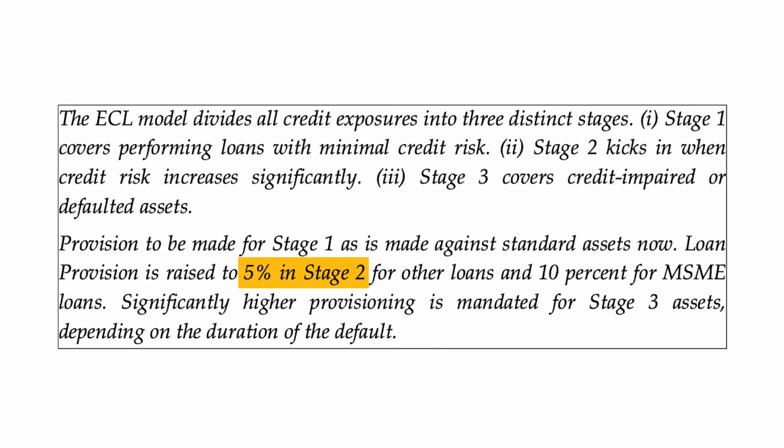Risk-proofing during this period is not possible, so there will be some kind of likely elevation in the credit risk, and that is what is to be captured by the banking system. An additional provision of 5% is to be made for stage 2, and for MSME accounts it is 10% of the gross defaulted amount, which is shown in the SMA data.